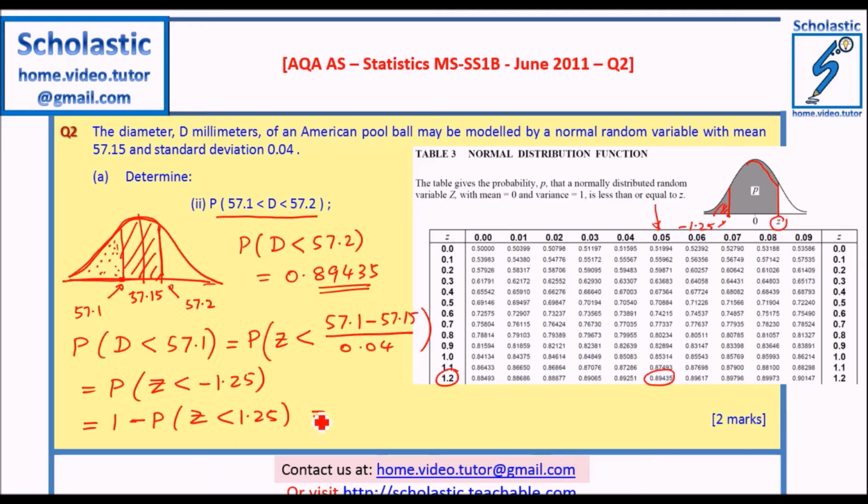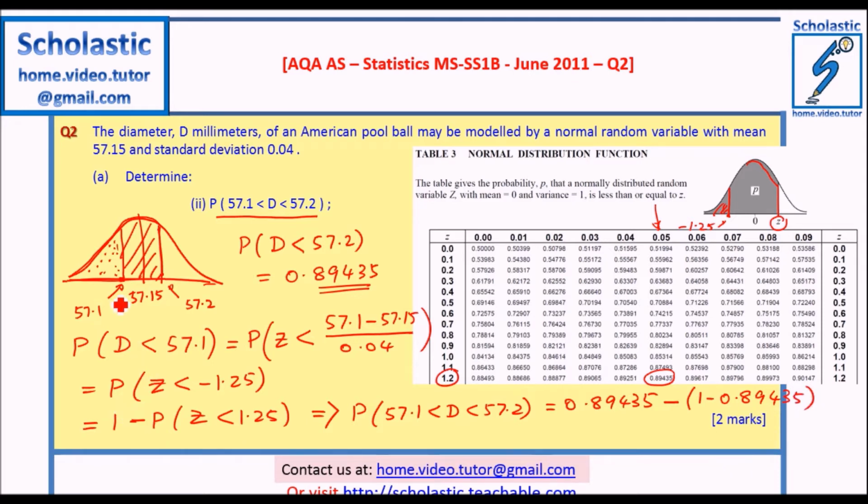So that means the probability between 57.1 and 57.2 is equal to the total area from here, 0.89435, minus 1 minus again the same value, 1 minus 0.89435.